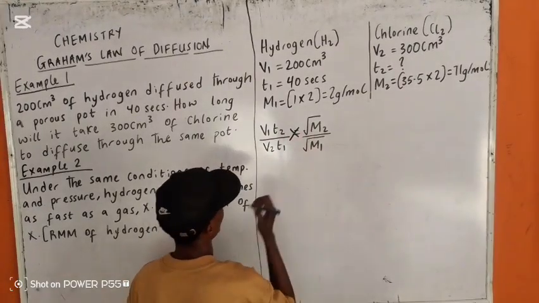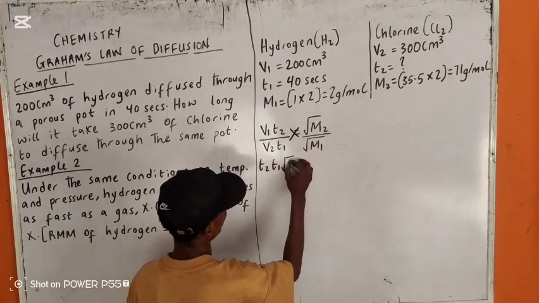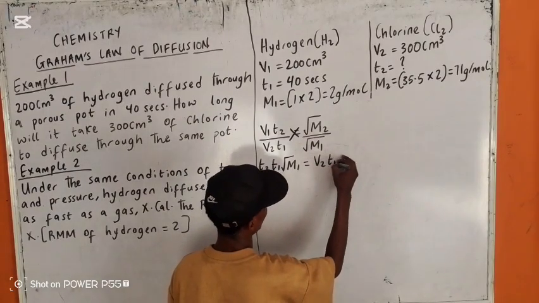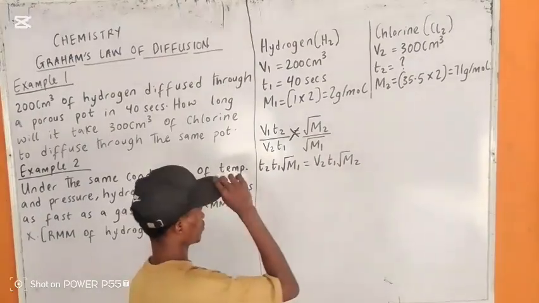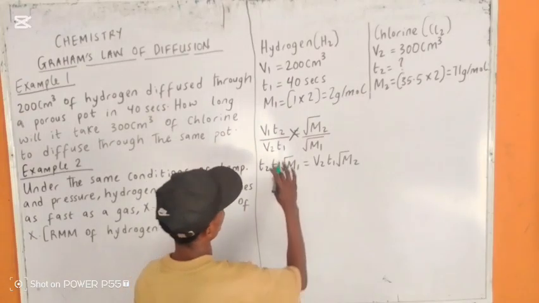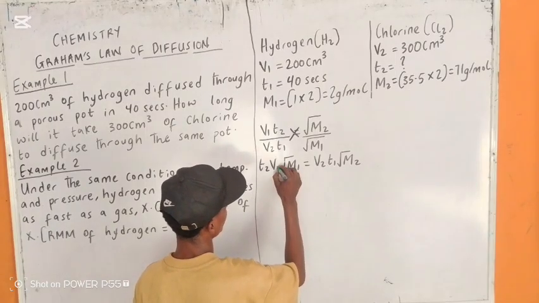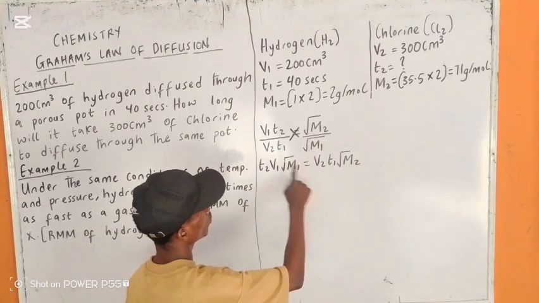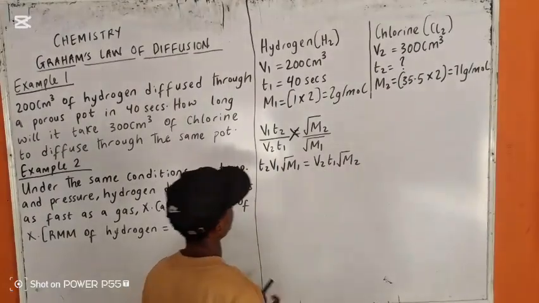So we have T2 V1 square root of M1 equals V2 T1 square root of M2.